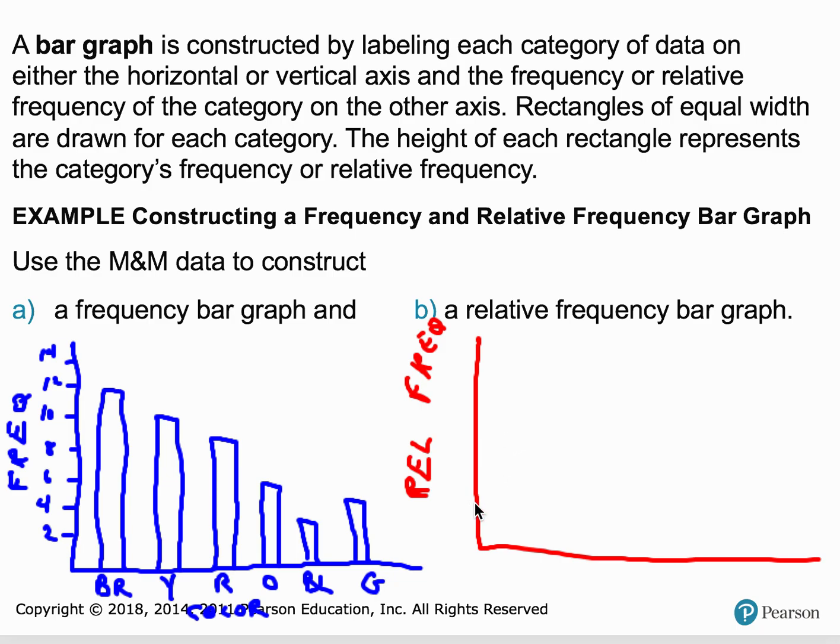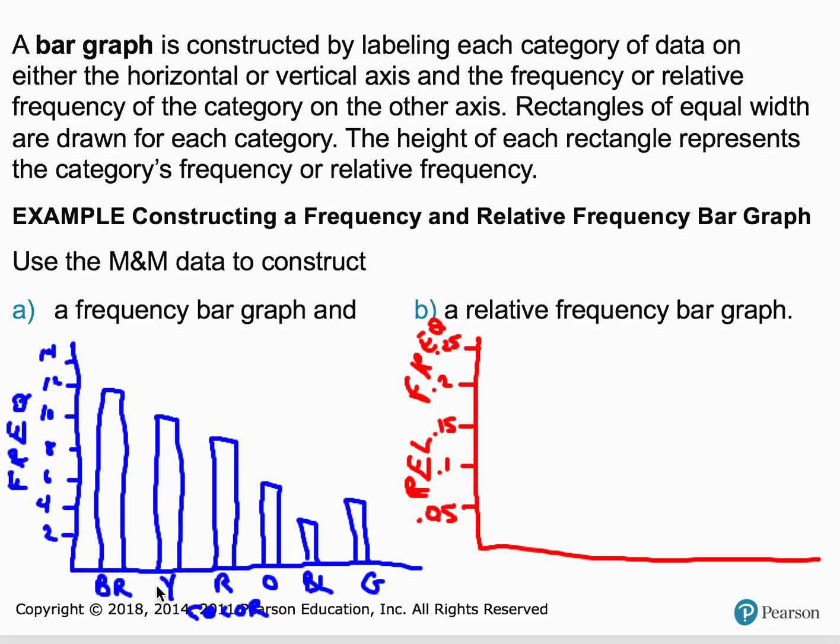So maybe I might go 0.05, 0.1, 0.15, 0.2, 0.25.